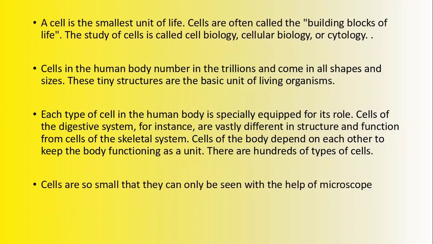We explained in the previous topic that cells build living things in a similar way. Cells are the building blocks of life. They make up living things and perform all the activities needed to keep living things alive.